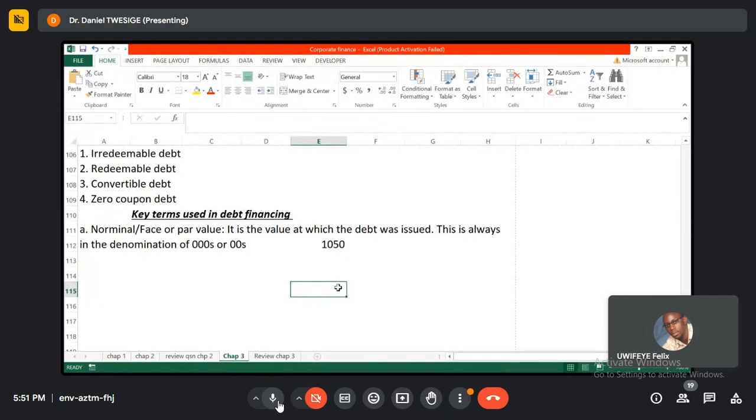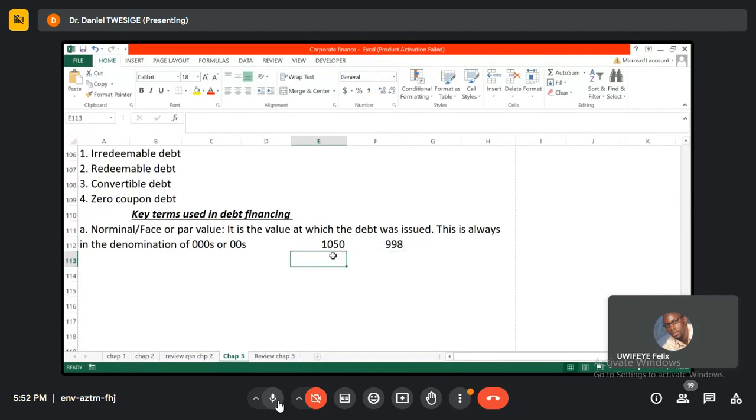Automatically it means that debt has a face value of 1,000. That is automatic. Even if you are not told the face value, as long as you have the market value, if I say the debt is selling at 998, it means it's selling at a discount, but its face value is 1,000.